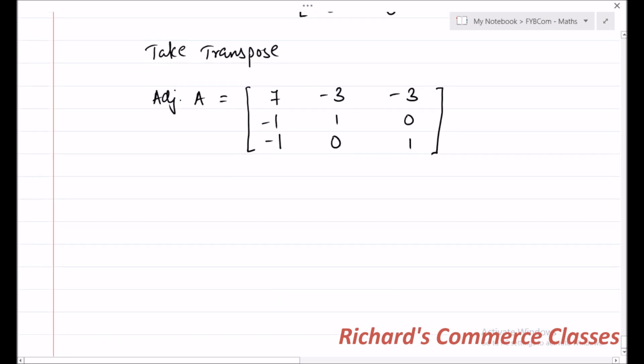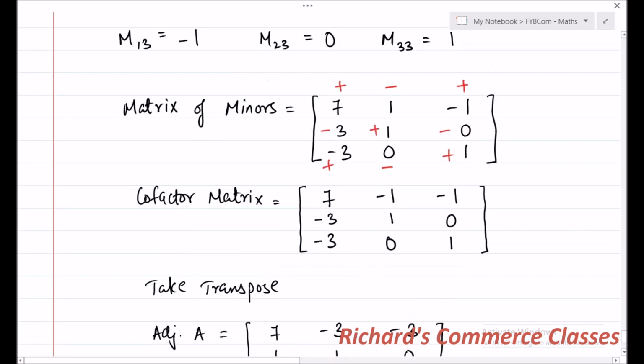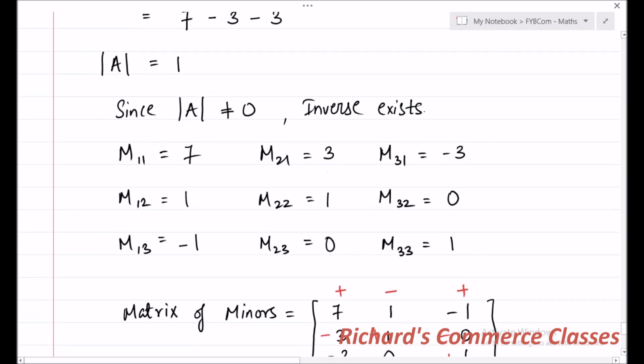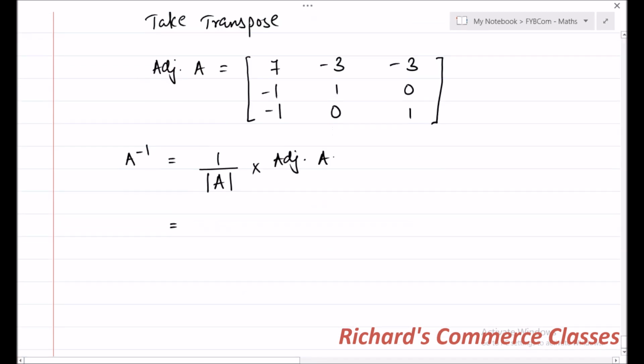And finally, the answer for calculating the inverse of matrix A. A inverse, again the formula is 1 upon determinant of A into adjoint of A. The determinant of A calculated on top earlier was 1. So 1 upon 1 into the adjoint of A is the matrix above.